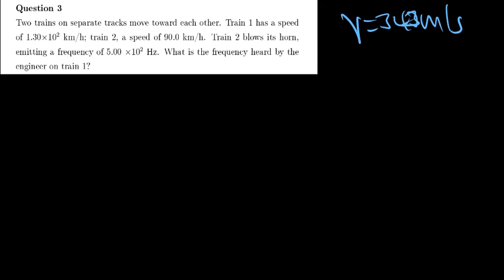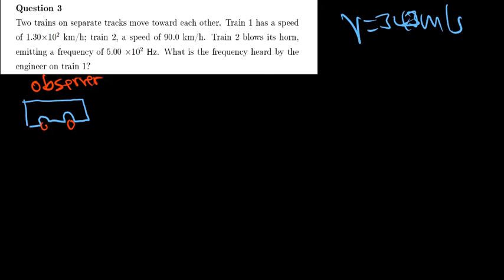Now, we have been told that train 2 is the source. So I'm going to come up with a free body diagram. I'm going to say this is train 1. I put it here. So train 1 is the observer.